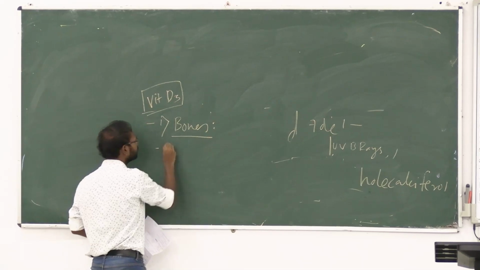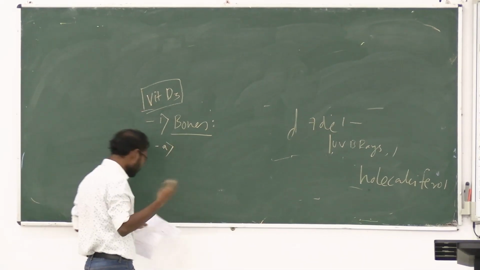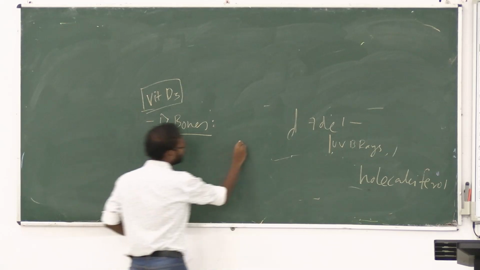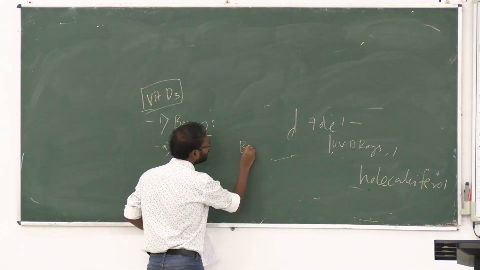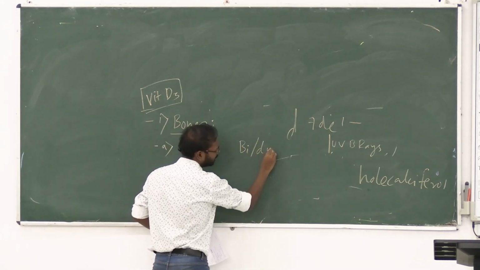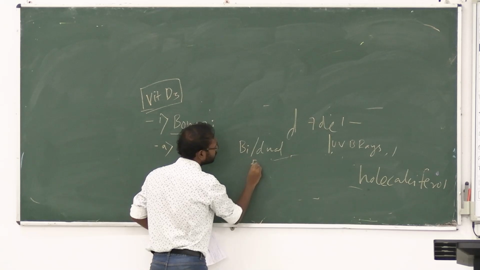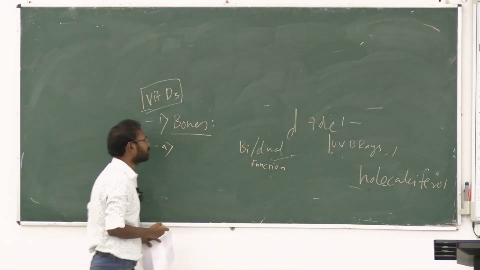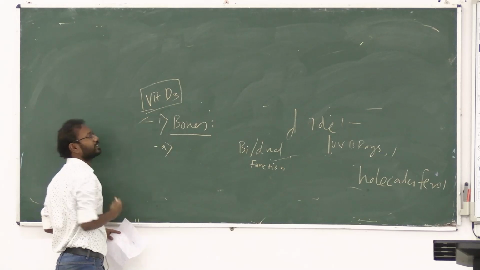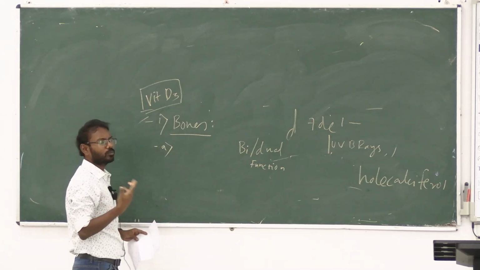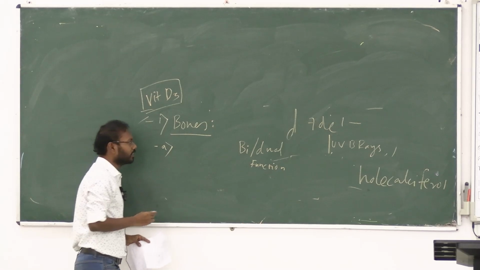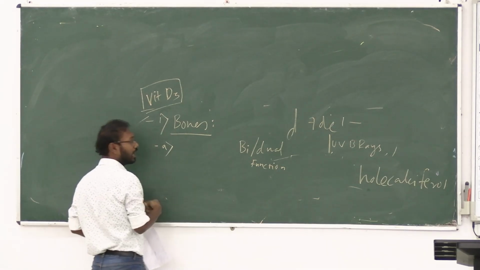What does it do? It has a dual function. Despite popular belief, vitamin D is responsible for both bone destruction and bone repairing. So dual function. How?